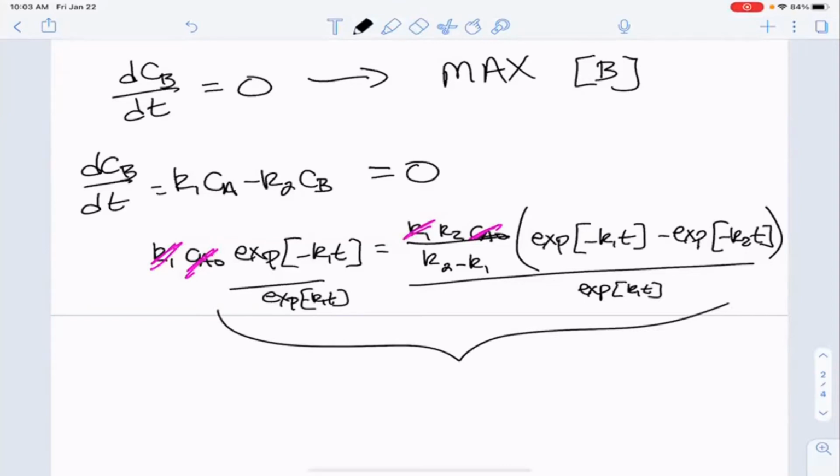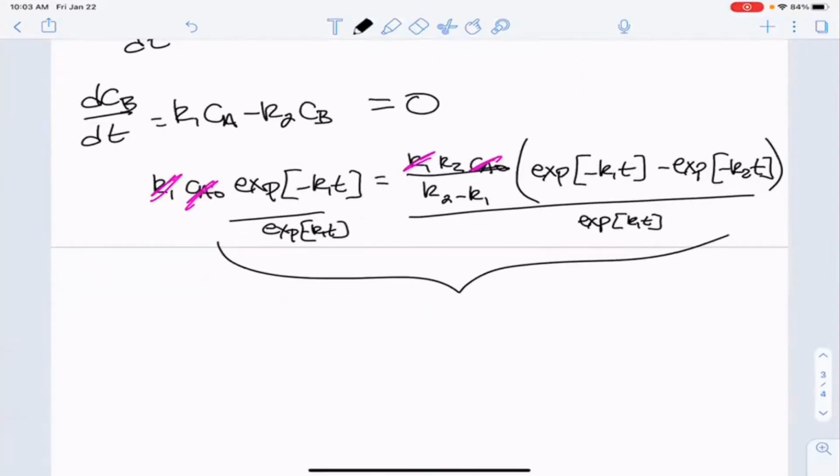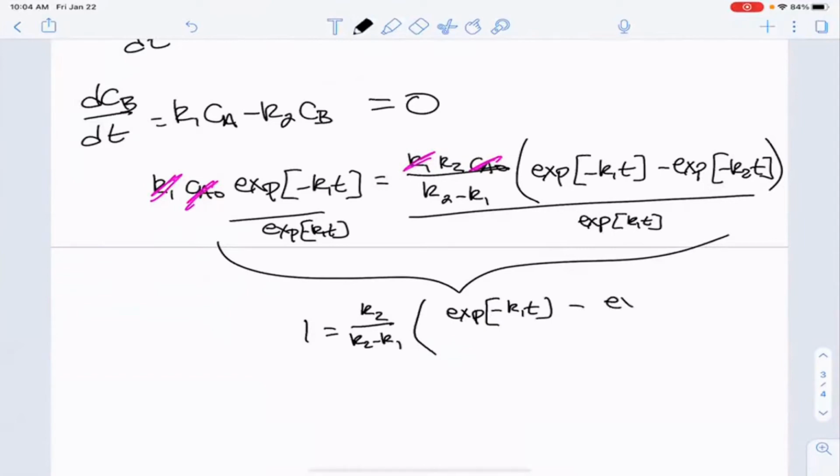And if I do that, you find that 1 is going to equal K2 over K2 minus K1 times the exponent of minus K1t minus the exponent of minus K2 times t, divided by the exponent of minus K1t.